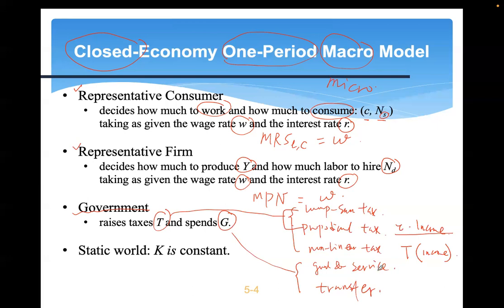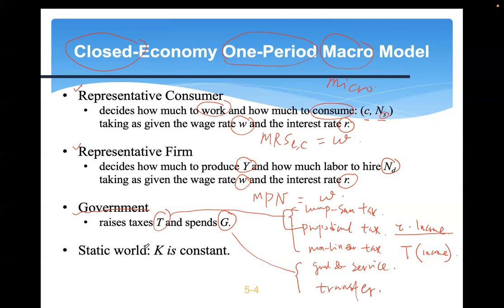Purchase of goods and services: essentially the government spends money in return for some good and service provided to the government. And what is transfer? Transfer means the government provides money without anything in return from the households. Okay, so that's the difference.